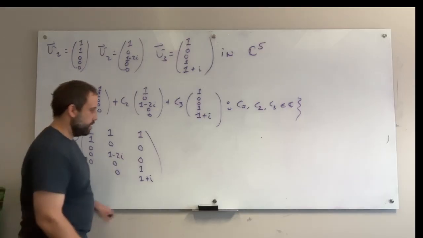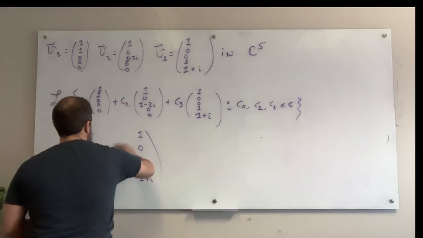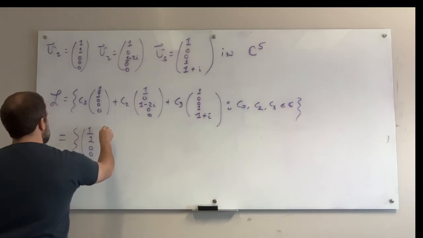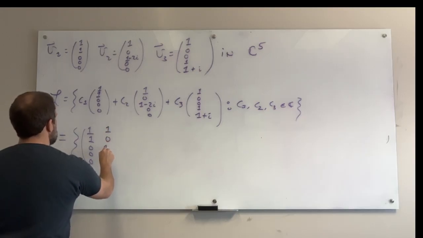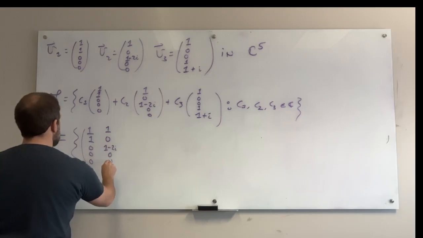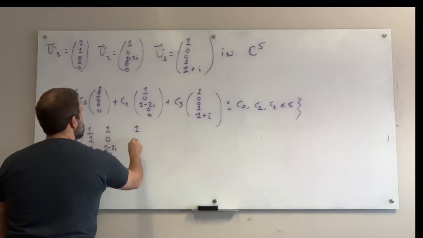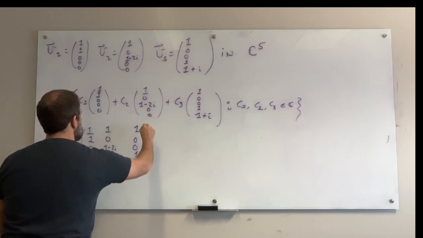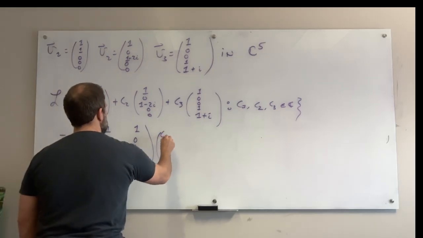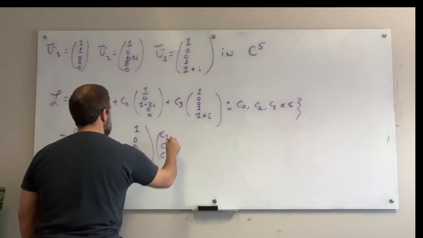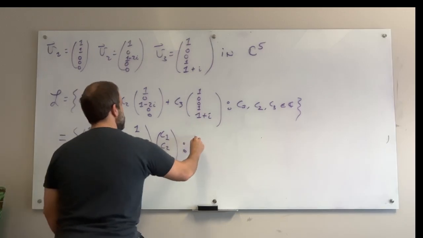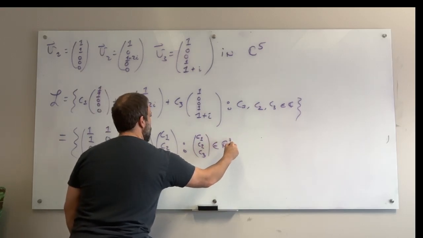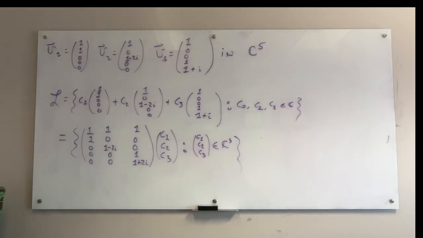Okay, so let me rewrite this head on so I can have it be straight: this matrix times C1, C2, C3, such that this vector C1, C2, C3 is in three-dimensional complex space. Okay, so this is how we could write this.